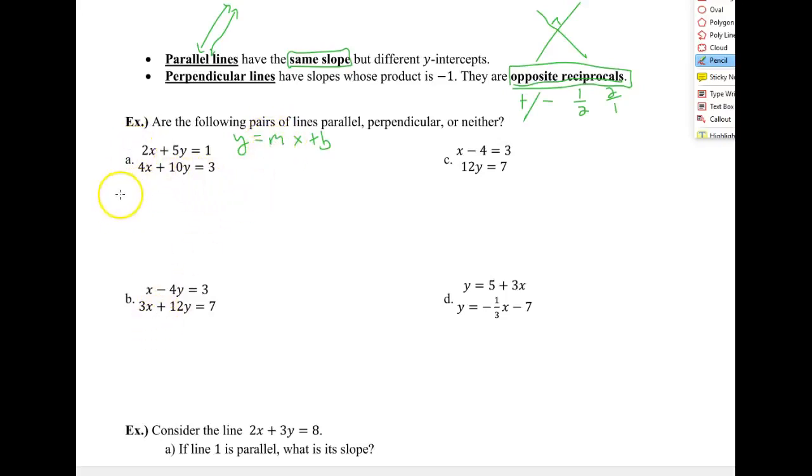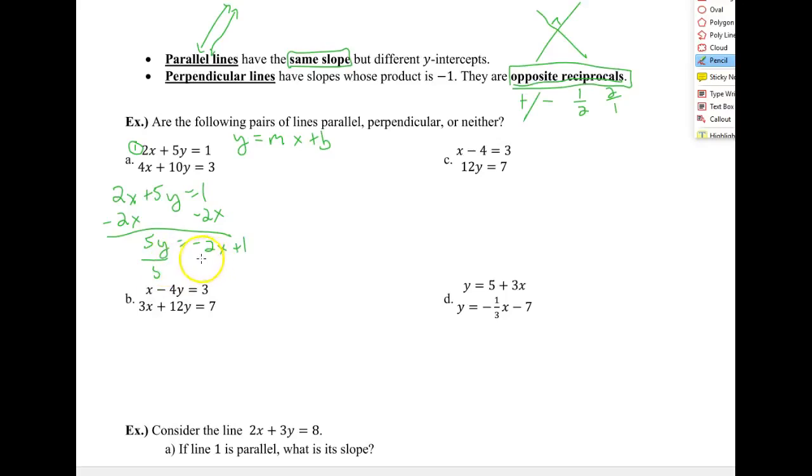So this first equation here, equation 1, I'm going to solve for y. So I want to get y alone. I'm going to subtract the 2x from both sides, leaving me with 5y equals -2x plus 1.